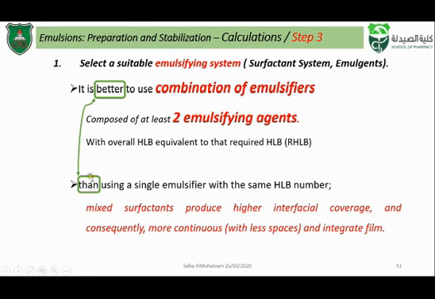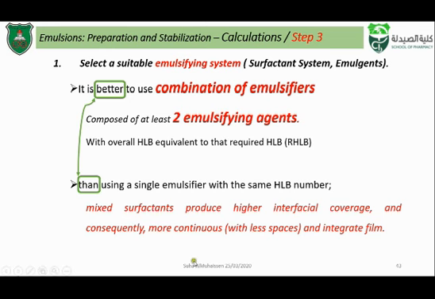Better than what? Than using a single emulsifier with the same HLB number. What is that supposed to mean? It's better to use at least two emulsifying agents to provide the overall required HLB, better than using one emulsifying agent with an HLB equal to the required HLB.